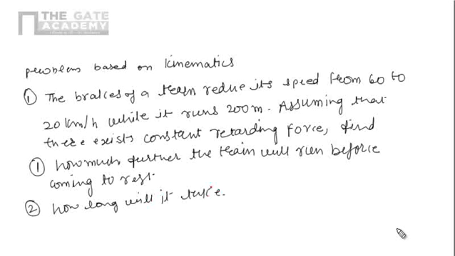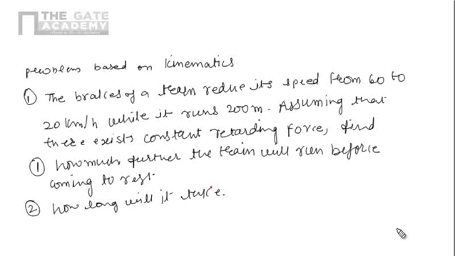So here in this problem, we are applying the constant retarding force. The meaning of this is that this problem is based on motion with uniform acceleration, or we can say motion with uniform retardation.